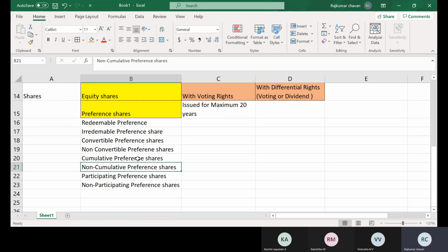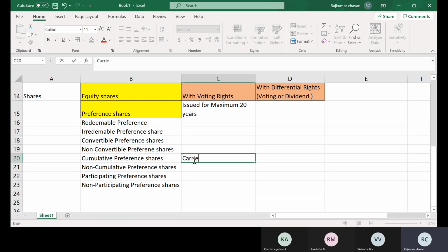Cumulative preference share and non-cumulative preference share, try to understand the meaning of cumulative and non-cumulative. If a company has not paid a dividend in the current year, then in cumulative, what happens? The dividend of last year will be carried forward to the next year.